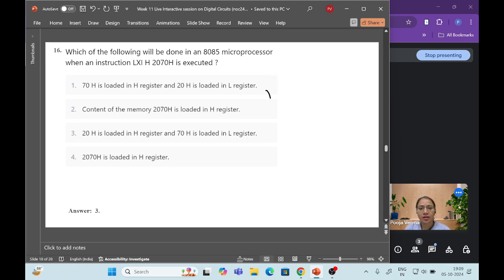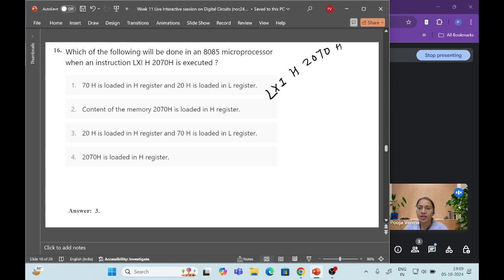Which of the following will be done in an 8085 microprocessor when the instruction LXI H, 2070H is executed? Here 2070H is hexadecimal.